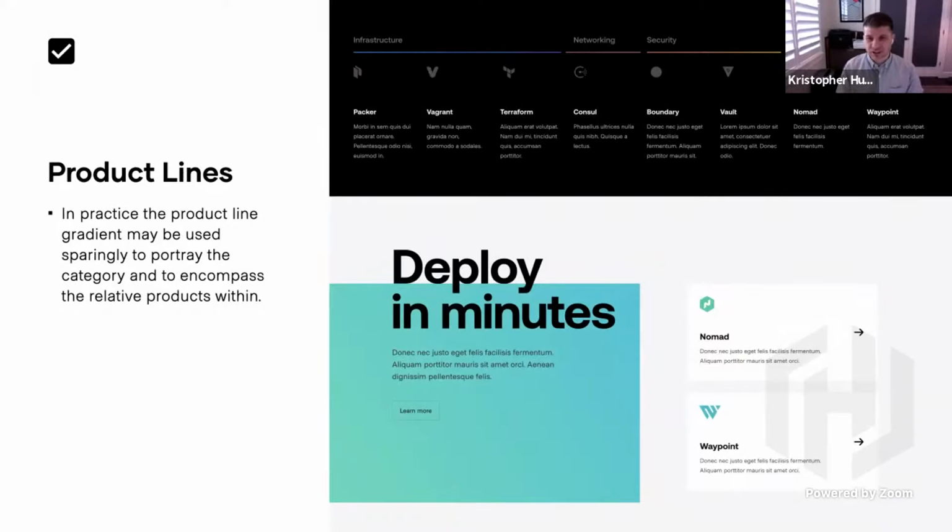This isn't a real section, but it's used to visually show how this brand can be applied. Here, this section of the site could be around the application layer of infrastructure, and you can use this gradient to signal that, but then you can use specific colors for Nomad and Waypoint.